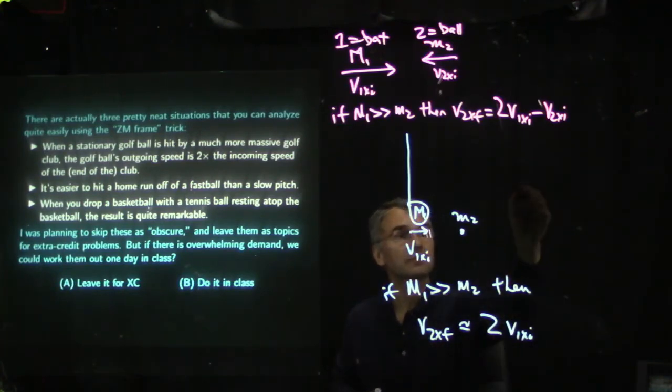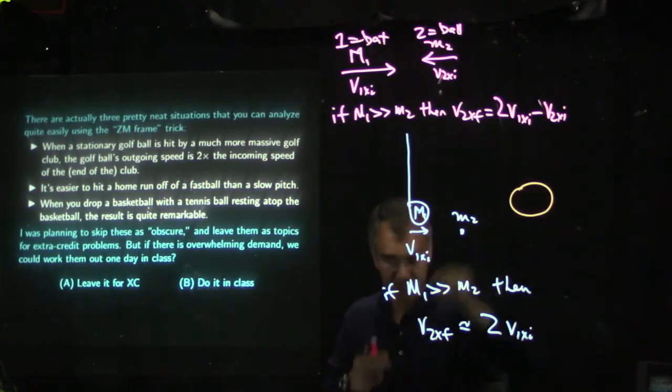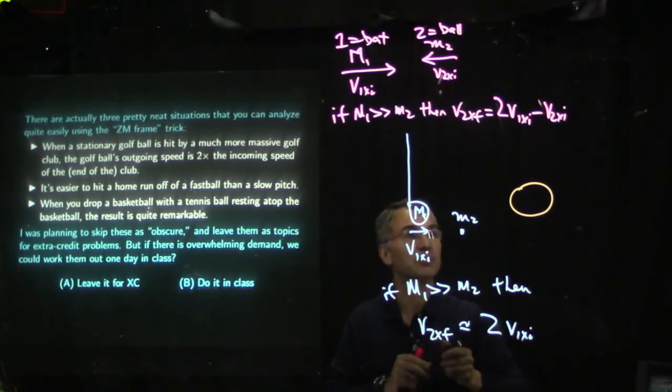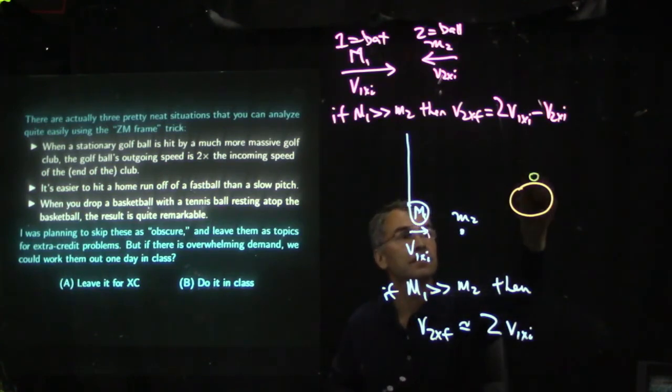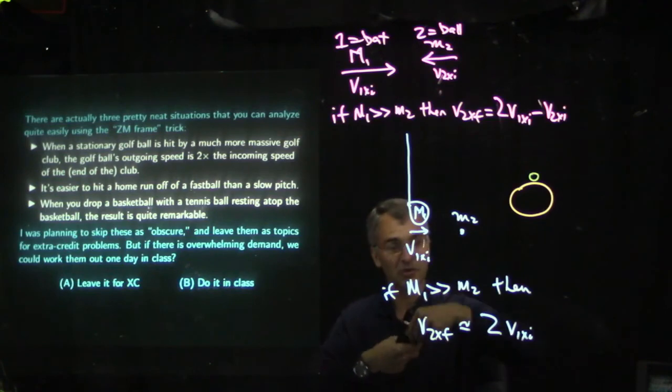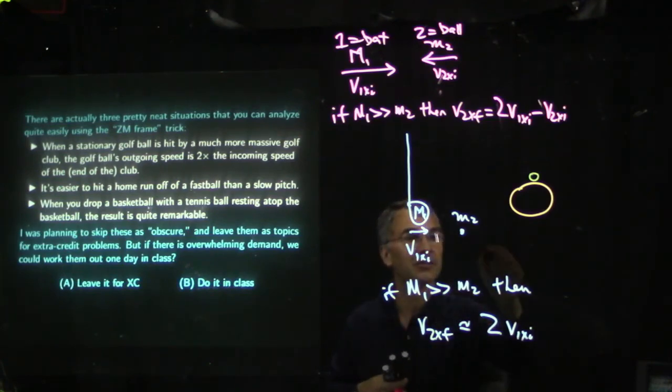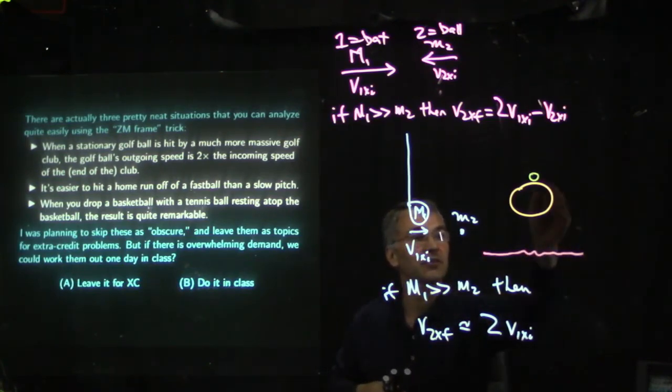if you take a basketball and you put a tennis ball on top of it, and then you drop them from some initial height. So let's say that this initial height is h.